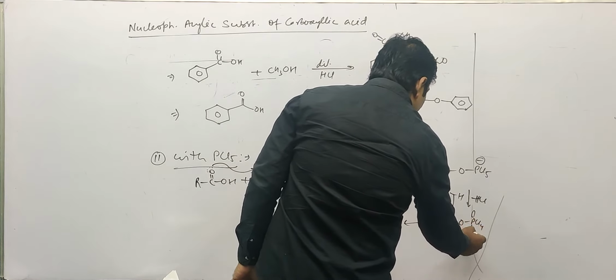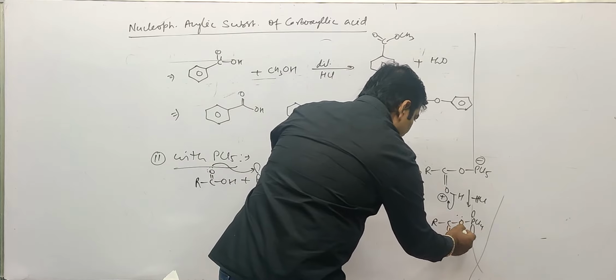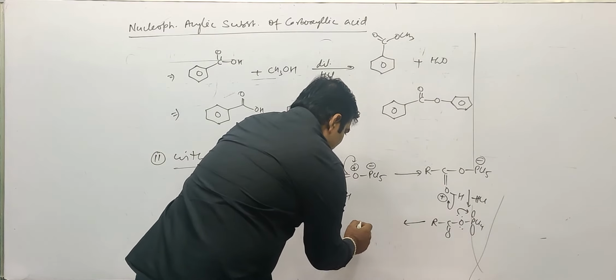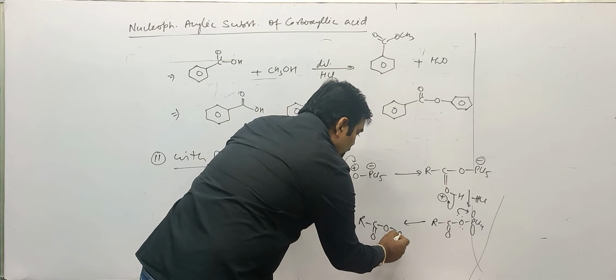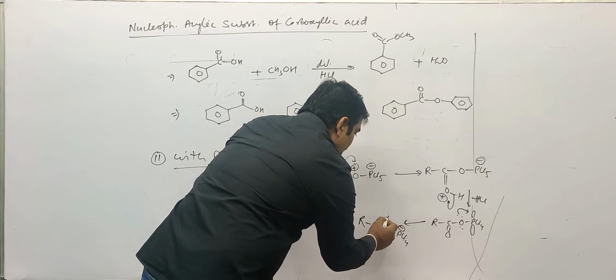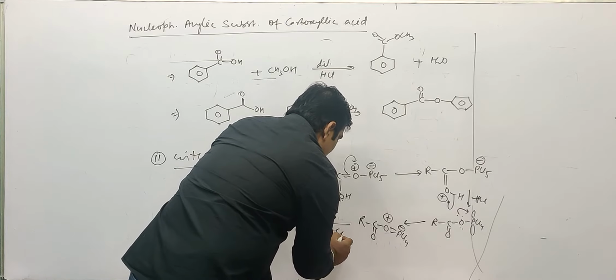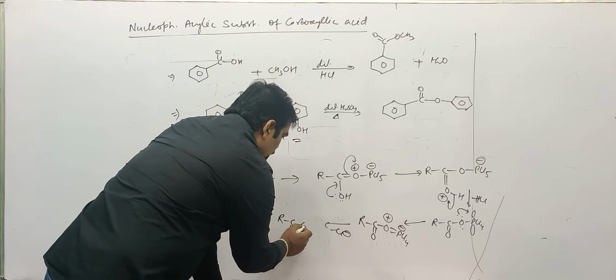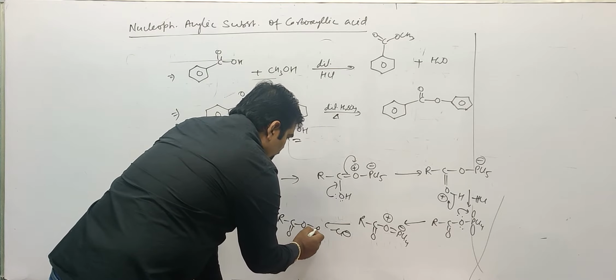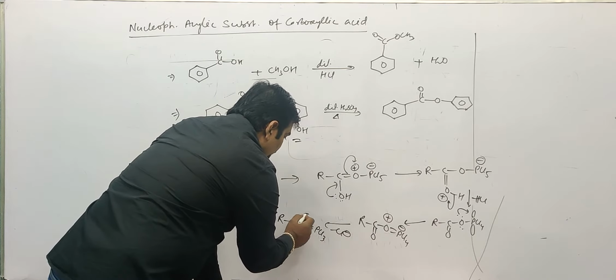Further there is vacancy at the d orbitals. There is back bonding, and through this it forms RC double bond O double bond PCl4. This loses its Cl minus, becoming RC double bond O double bond PCl3 plus.